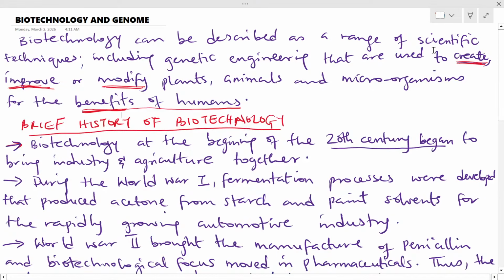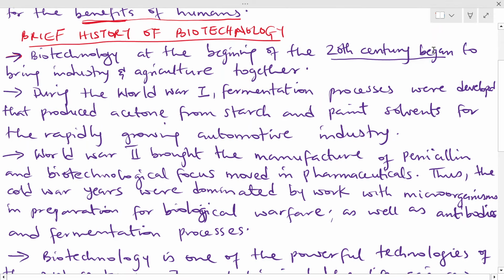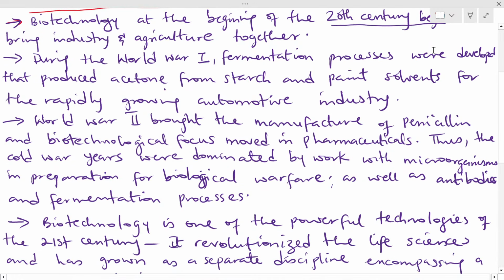Okay, so we went on to talk about the brief history of biotechnology. As far back as the 20th century, biotechnology actually began, and it brought industry and agriculture together, and again during World War One. This is just a brief history.